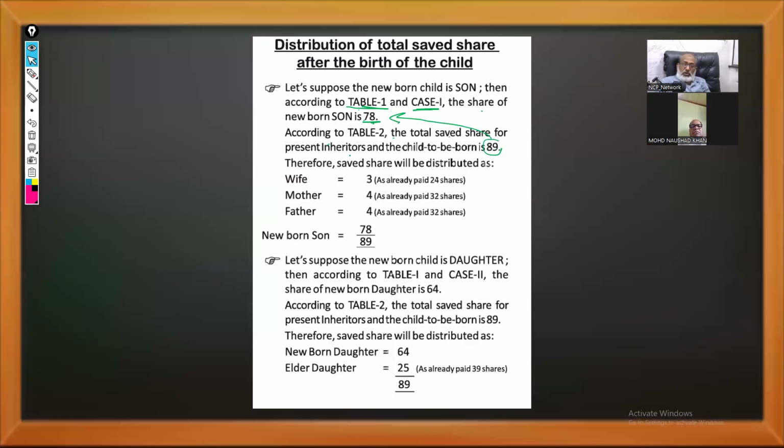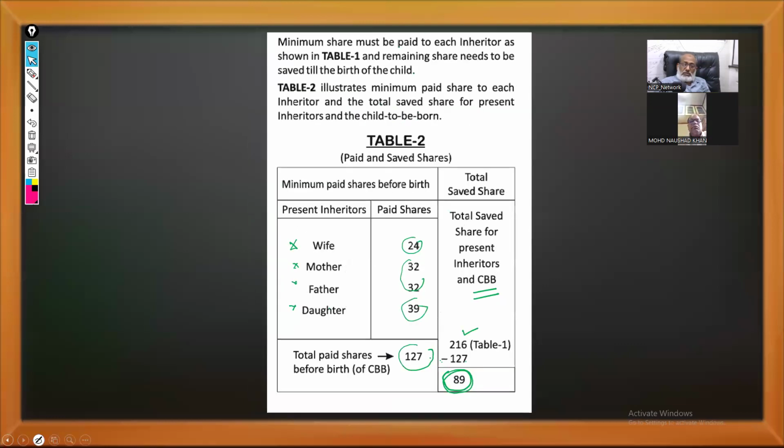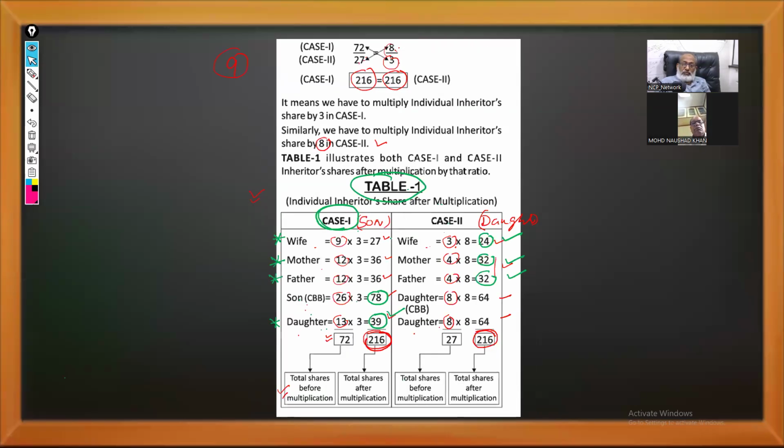And the rest of the share, according to table 1 and case 1, will go to the wife, mother, and father, because we have already paid the wife 24 share, and the mother and father 32 share. But in case of the son, the share of the wife is 27 and we have paid only 24, so we will pay 3 more share.